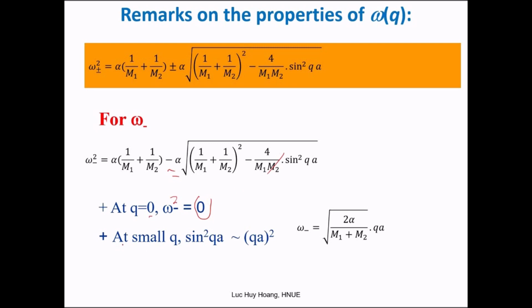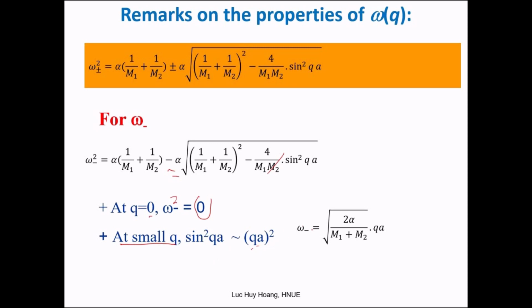Now we consider a smaller q. And now we know that smaller q means it's close to the center of the Brillouin zone, right? And at the small q, sine square qa should be similar to qa square.